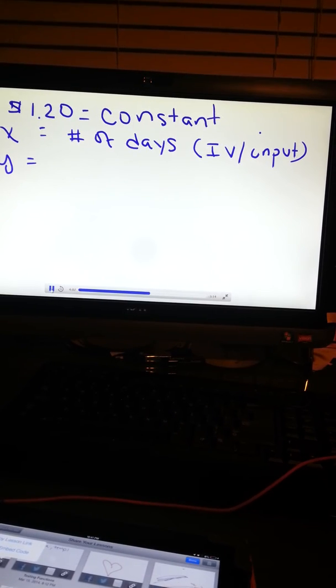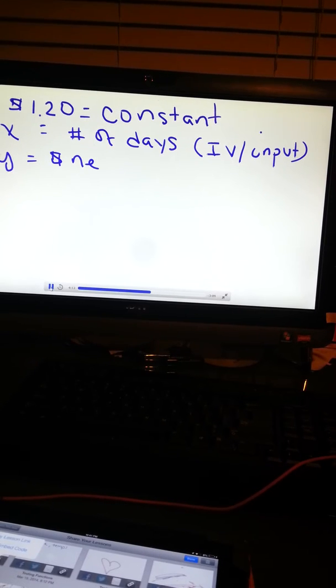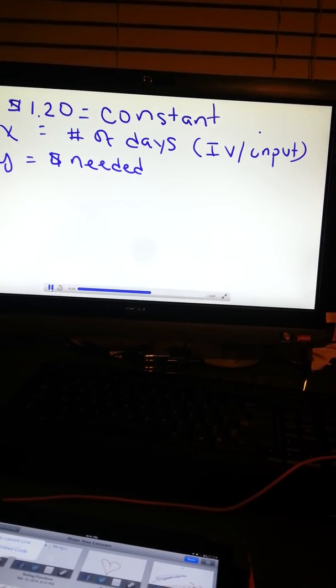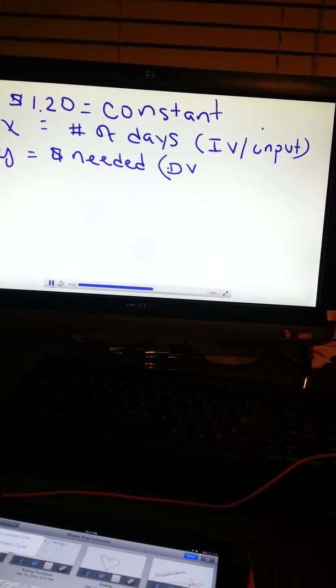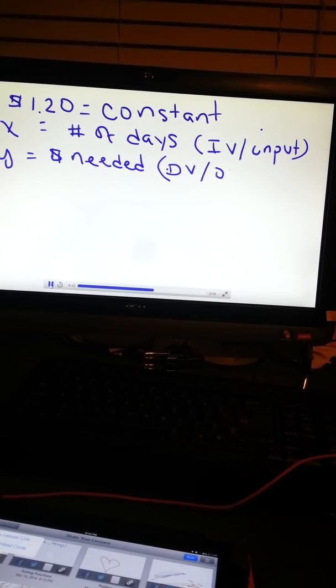Y is equal to the money that is needed, and this is referred to as the dependent variable, aka output.